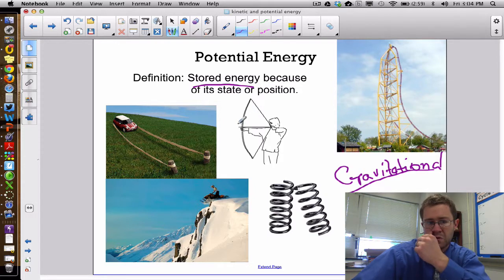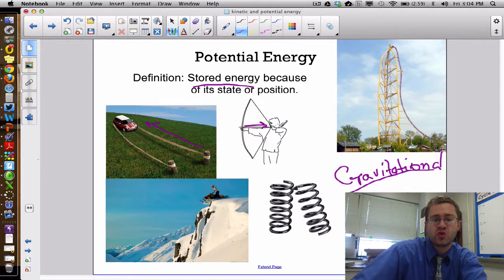Often you'll hear it with a rubber band being pulled back, or a bow and arrow. As it's being pulled back, the farther it pulls back, the more energy is being stored behind it, because the moment you let it go, it's going to go.